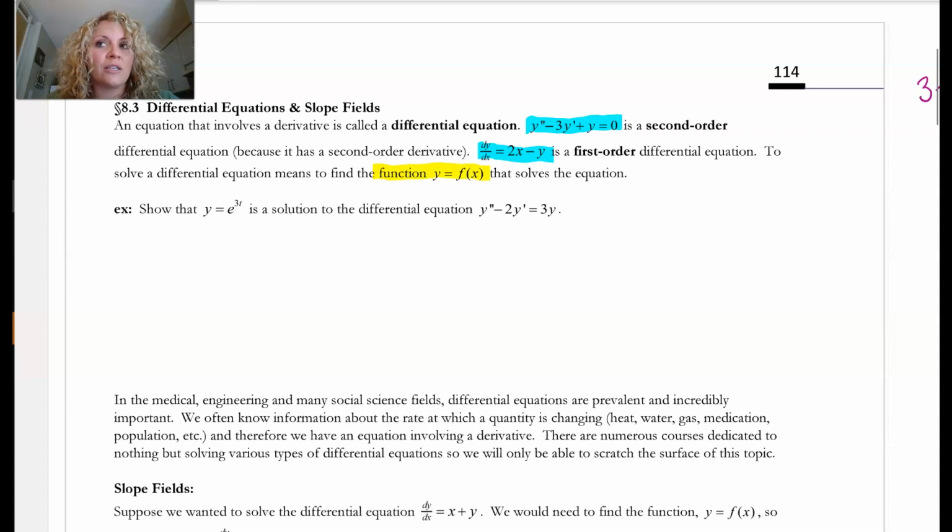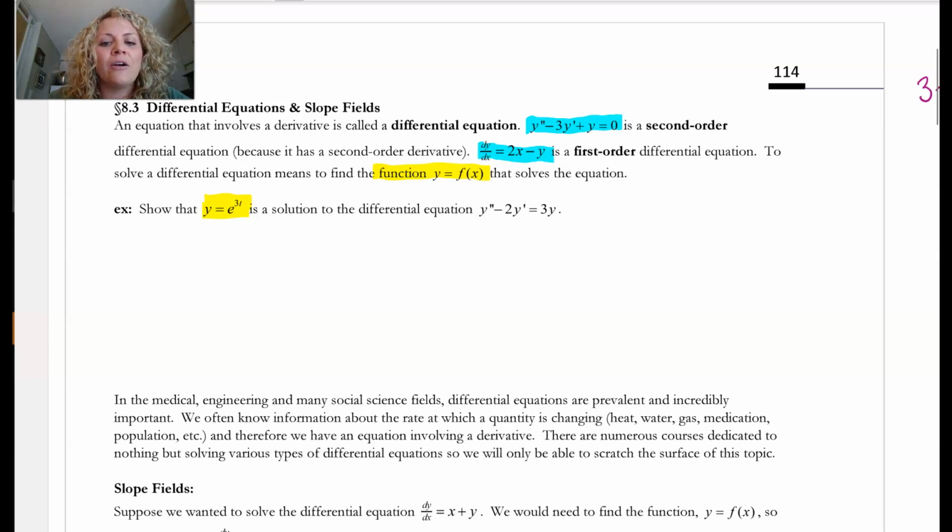It's not just going to be a number, rather we're going to solve for a function. So this exponential function is a solution to the differential equation we're working with. When we're asked to show that's true, we know it's true from that language, we just have to do the work to prove it.